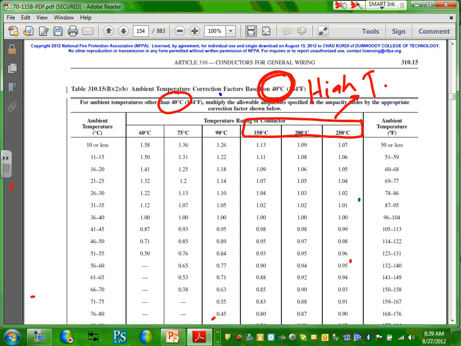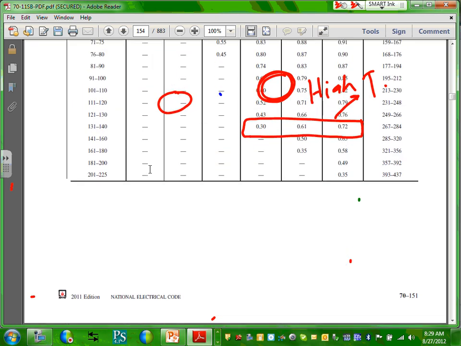This table goes with other tables in the code, with table 310.15(B)(18), and also 18 and 19. That's a different table; I'm not going to touch on that one because we're doing residential now.